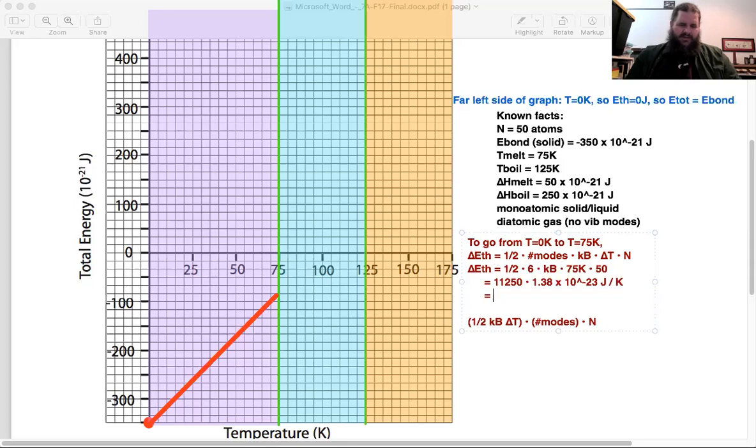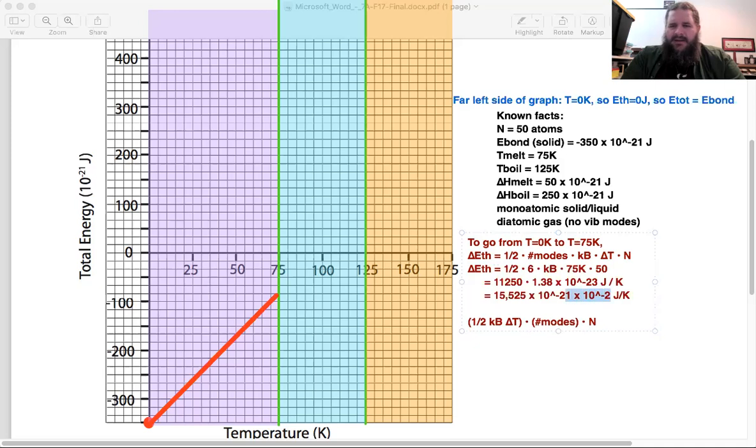Let's see what we get there. 11,250 times 1.38 is 15,525 times 10 to the negative 23rd joules per Kelvin. However, this axis is in units of 10 to the negative 21. So I'm going to split that out. 10 to the negative 23rd is the same as 10 to the negative 21 times 10 to the negative 2, because those add up to negative 23.